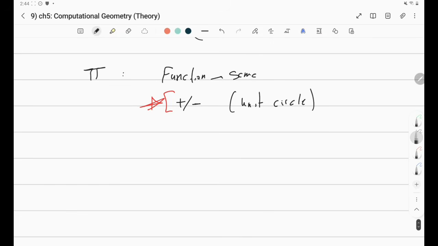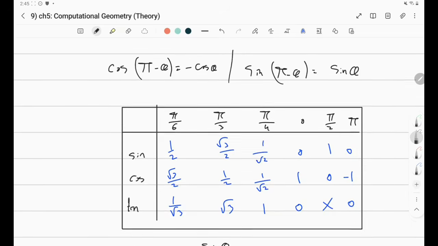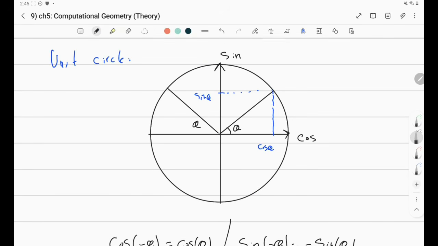For example, let's say you are asked to figure out cosine of theta plus pi. Remember, from what we discussed, you have a pi, so the cosine is still the cosine because the function is the same. So you immediately write cosine theta, which is nice. But now you need to figure out, is it a plus or a minus? How to figure out? Immediately go to the unit circle. Unit circle is here.